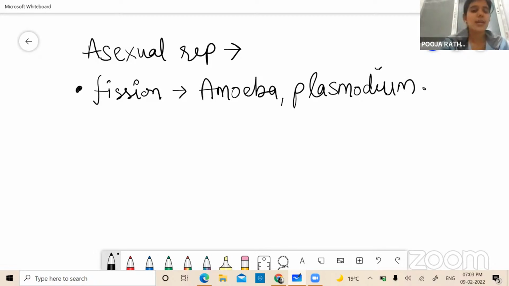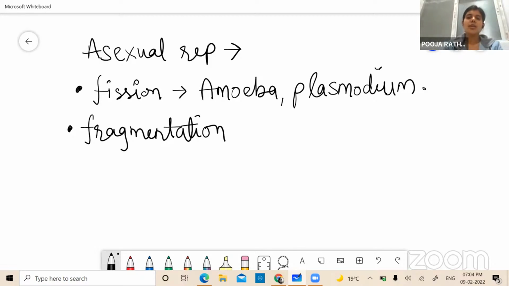Okay. Next, after fission, it was fragmentation. In this, the different fragments or different body parts develop into a new plant body. This is called fragmentation. After this was regeneration.